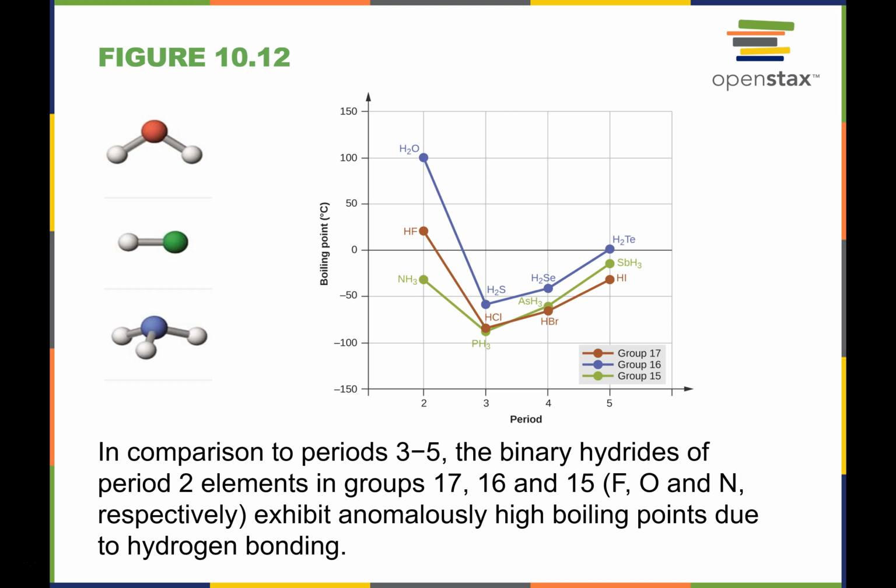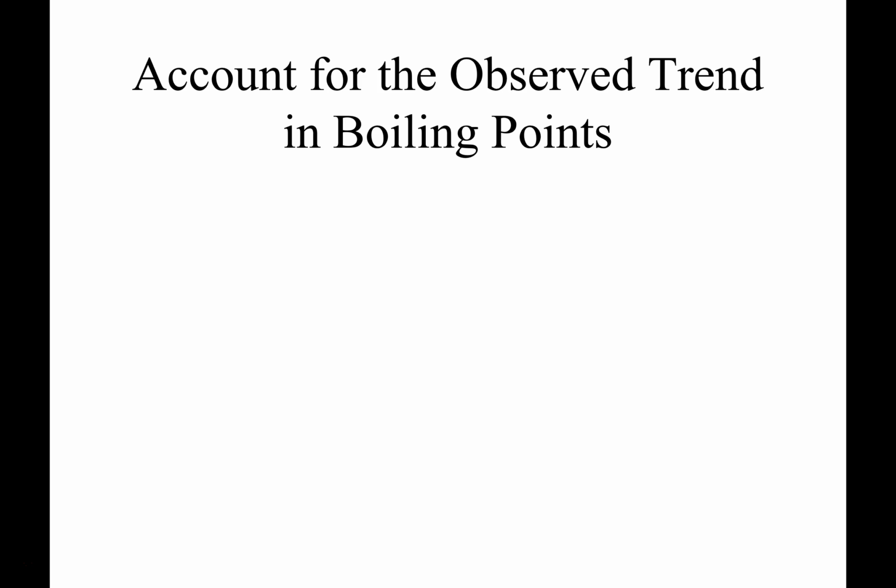That's all it is. Anytime you can see an OH bond, an FH bond, or an NH bond, then you can have hydrogen bonding. It doesn't have to be just these simple molecules. All right.